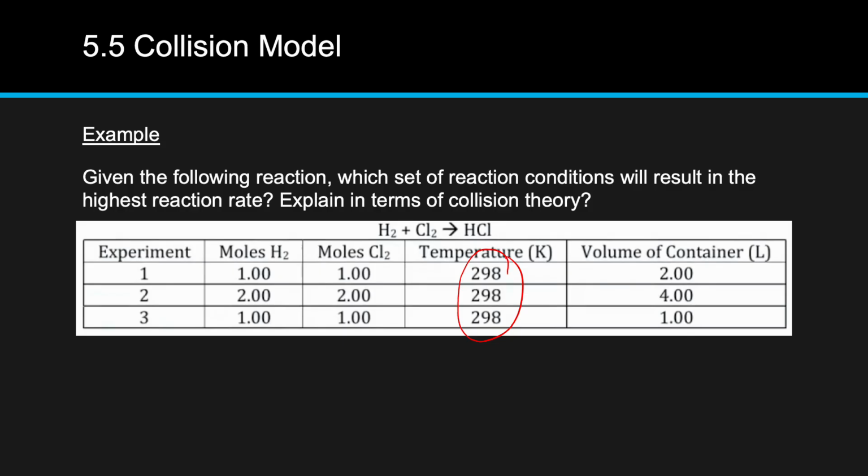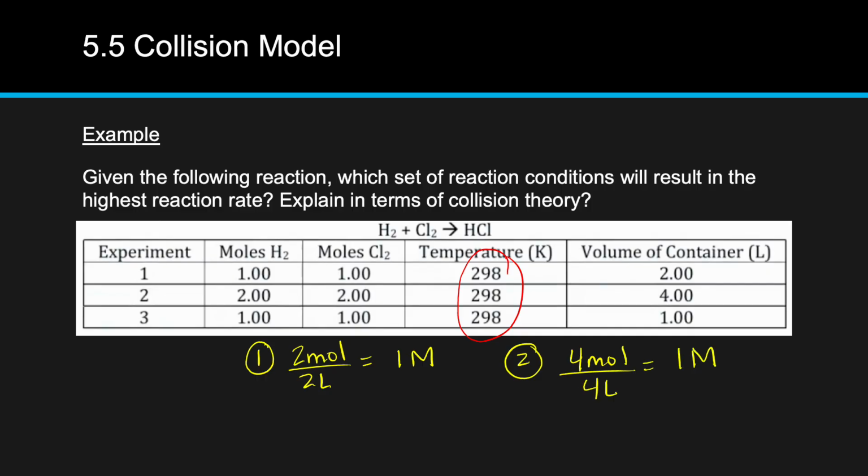So let's look at experiment 1 first. We have 2 total moles and a volume of 2 liters. Now looking at experiment 2, we have a total of 4 moles in 4 liters, which is again 1 molar.